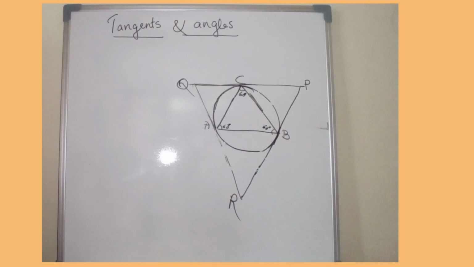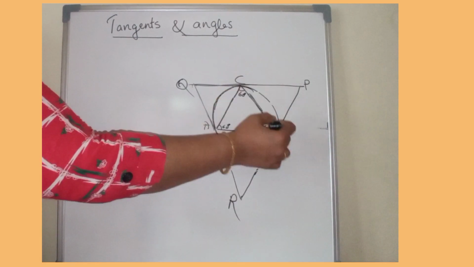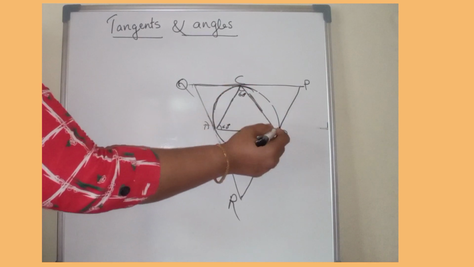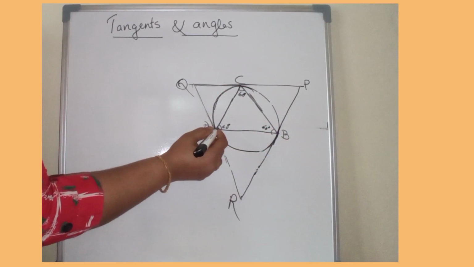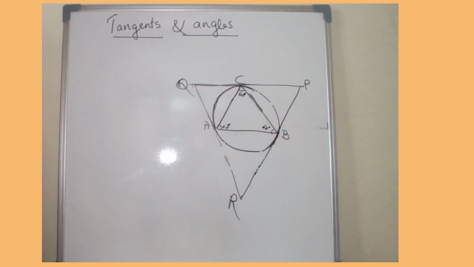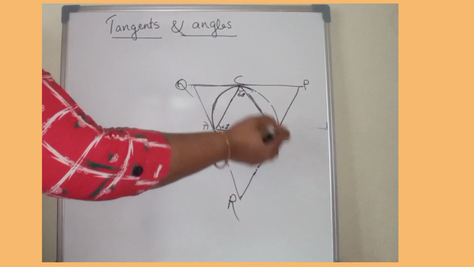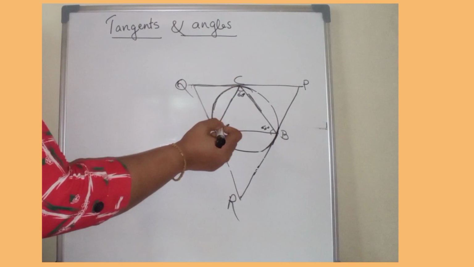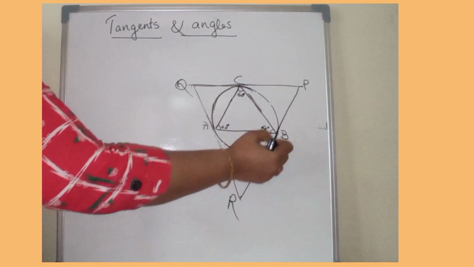All these sides are chords of the circle. And if we consider the chord BC, this chord makes an angle 60 degree at its alternate arc.